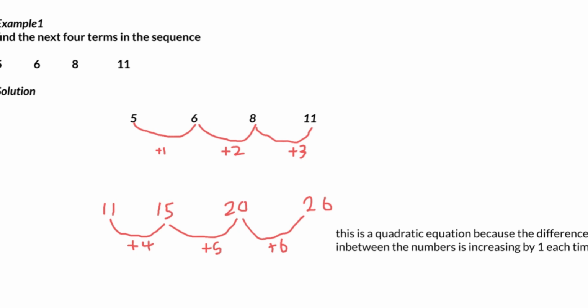Okay, so I've just indicated there that it is a quadratic equation. I left a little note. This is a quadratic equation because the difference between the numbers is increasing by 1 each time. So I think we're done with this question. We'll move to the next question.